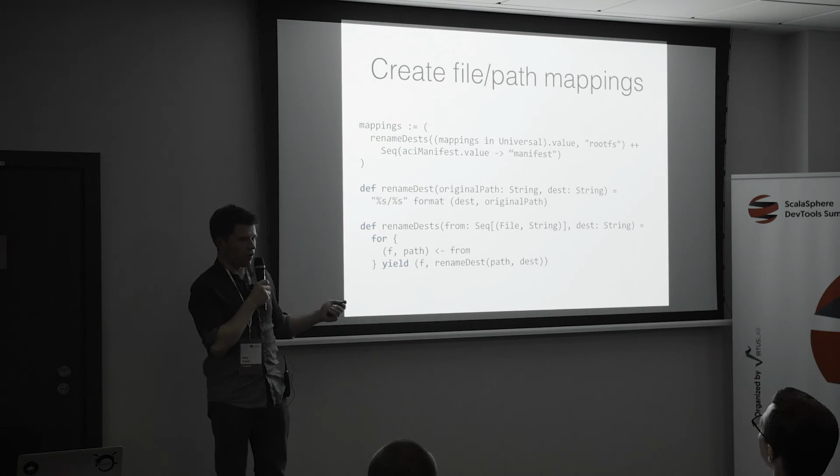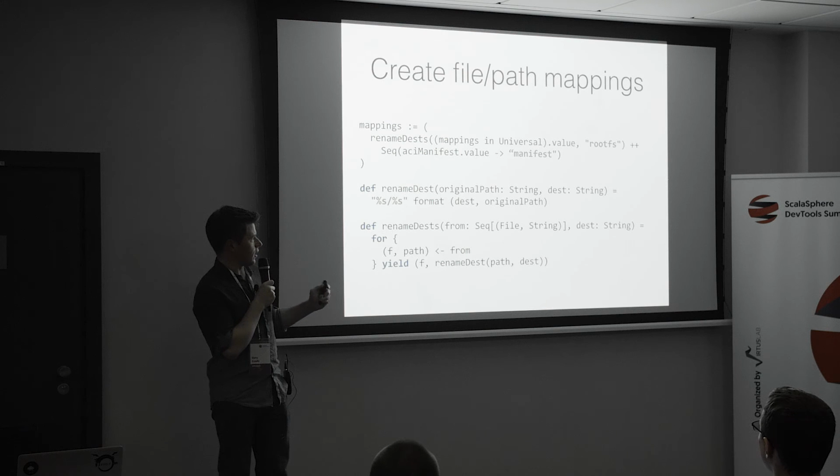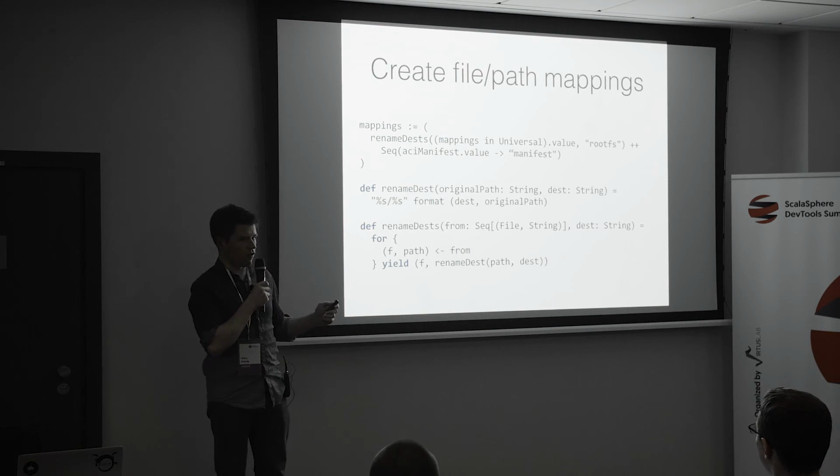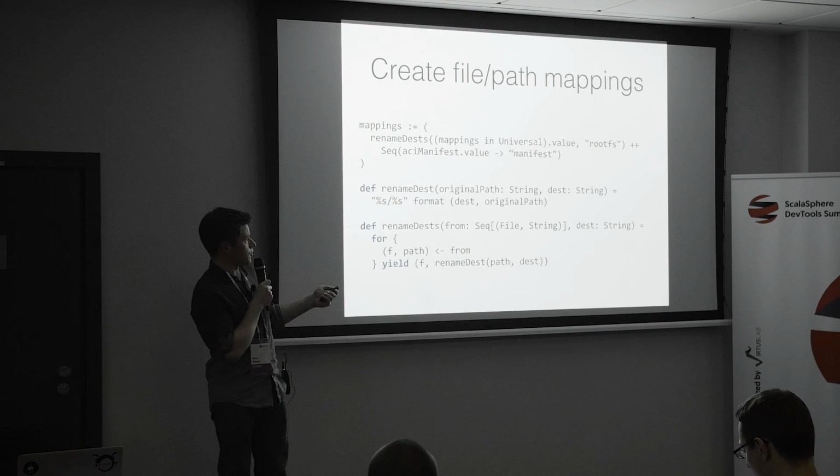I know there was some talk yesterday also about how to reference settings and tasks, and whether the macros stuff is actually a good idea or not. I actually quite like using macros at this level, where within a setting definition or a task definition, I can refer to the value of another task using .value, and this implicitly makes mappings universal a dependency of this.